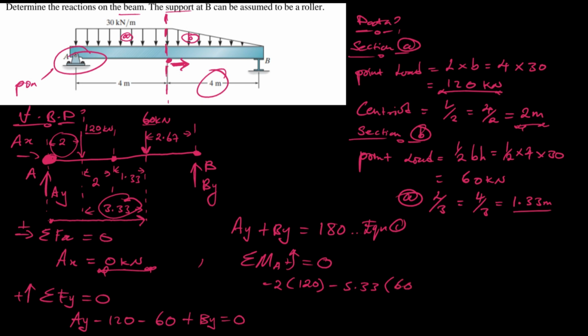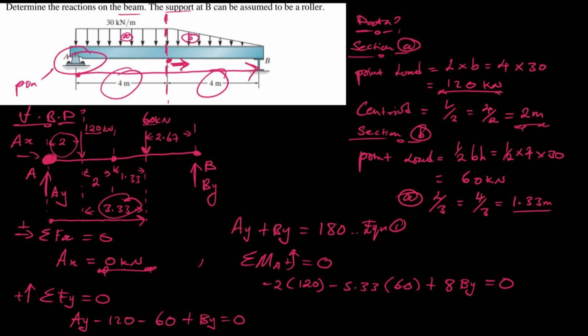Now the next force is the force created by the support at B. So we need to say the span from A to B will be the span of the entire structure, which would be like 4 plus 4, because it's from A all the way to B. Creating a turning effect in the positive sense. So we say plus 8 times BY, which is basically just 8BY, and this is equal to what? 0.